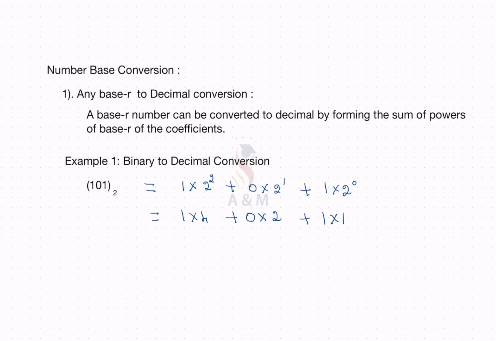Since any number with the power 0 is equal to 1, this is equal to 4 plus 0 plus 1 equals 5 to the base 10.